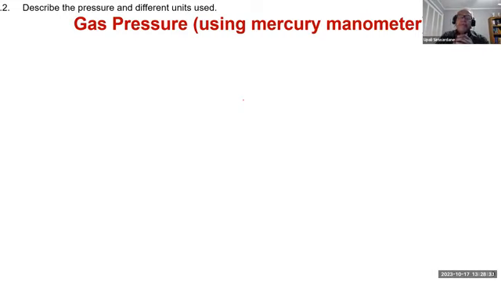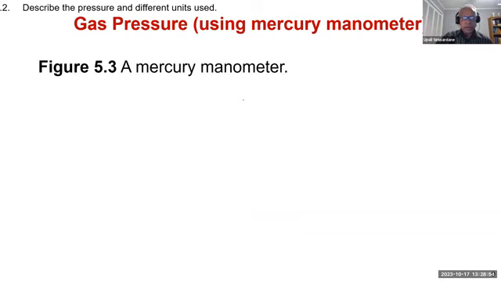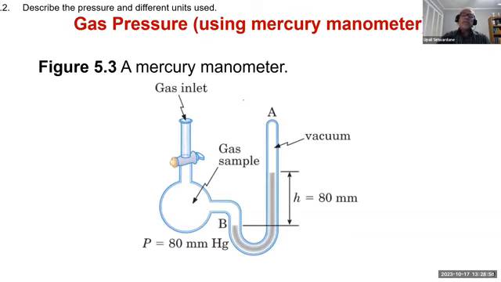Measuring gas pressure, we use a mercury manometer. When mercury is used for measuring atmospheric pressure, it's called barometer. Manometer is the common name used for devices for measuring pressure. There are a lot of gas wells in Louisiana. The gas comes with a certain pressure. You put the gas sample from the well into this bulb.